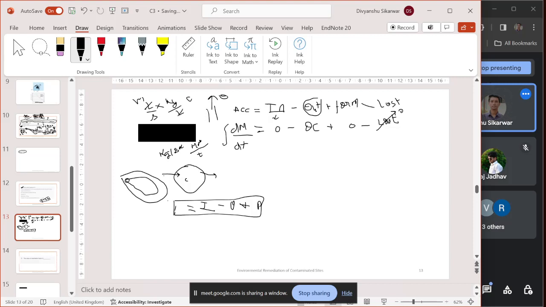If we integrate from 0 to t, we will get M at time t minus M at t equal to 0, equal to minus QCt.